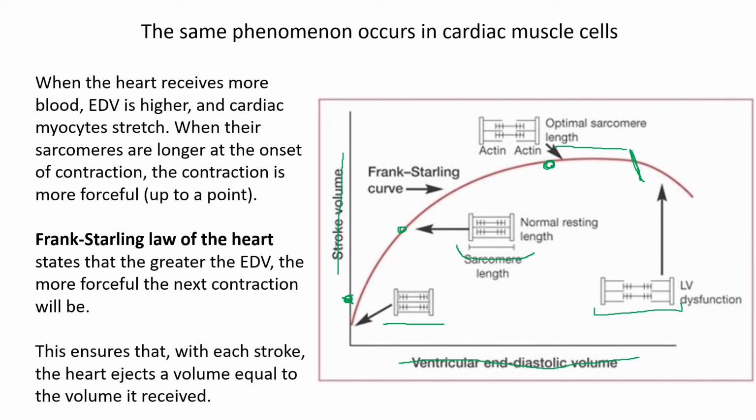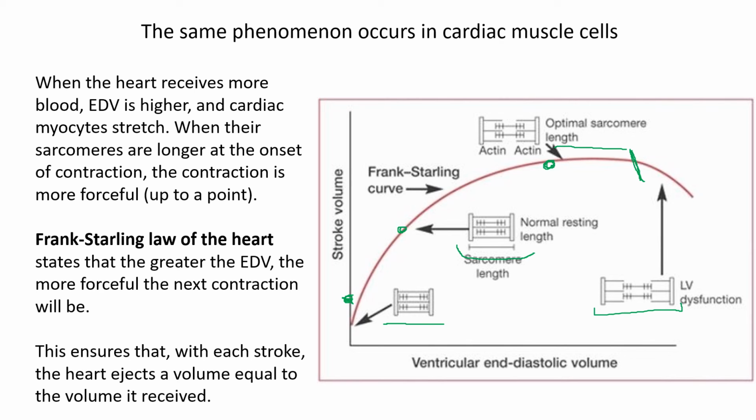Now let's go back and revisit these axes, but we can use the axes as the artist originally intended. So now our axes are stroke volume on the vertical axis and end diastolic volume on the horizontal axis. So let me remind you what those words mean.